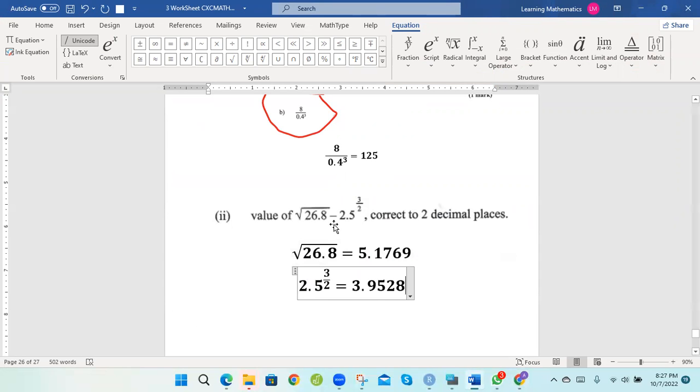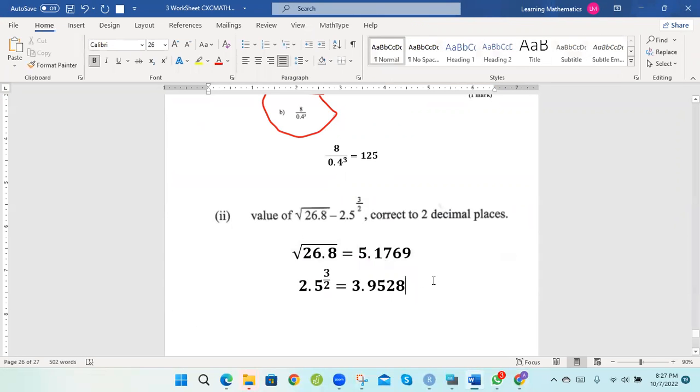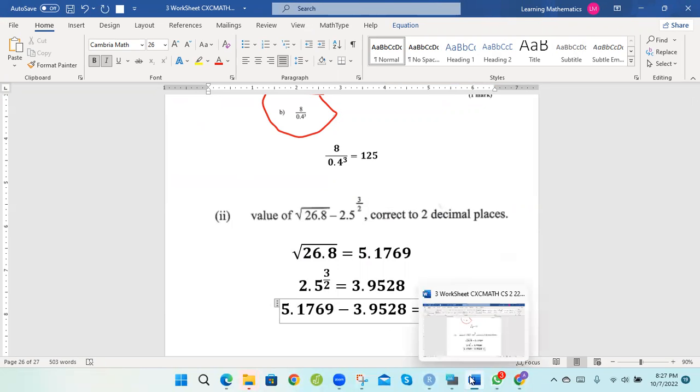And then you subtract the 2. 5.1769 subtract 3.9528. And this should give you your answer.